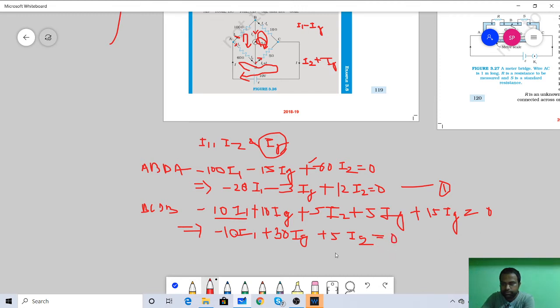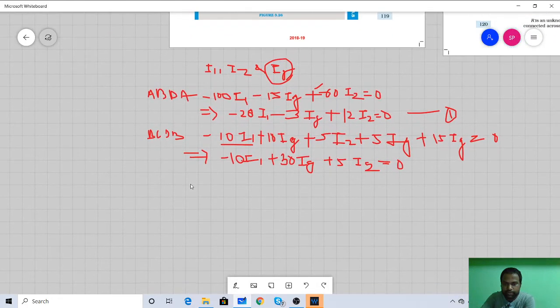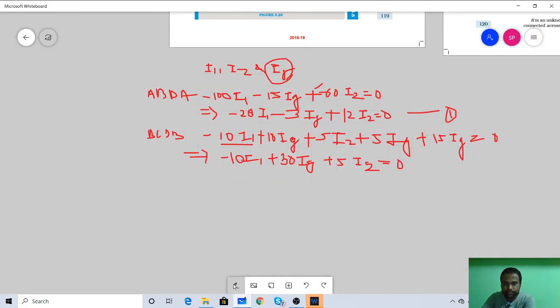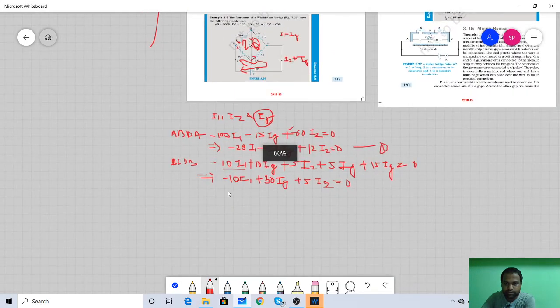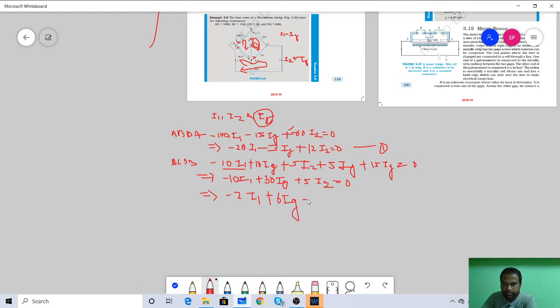Here also I can divide this by 5. If I divide it, it will become minus 2 I1 plus 6 Iz plus I2.